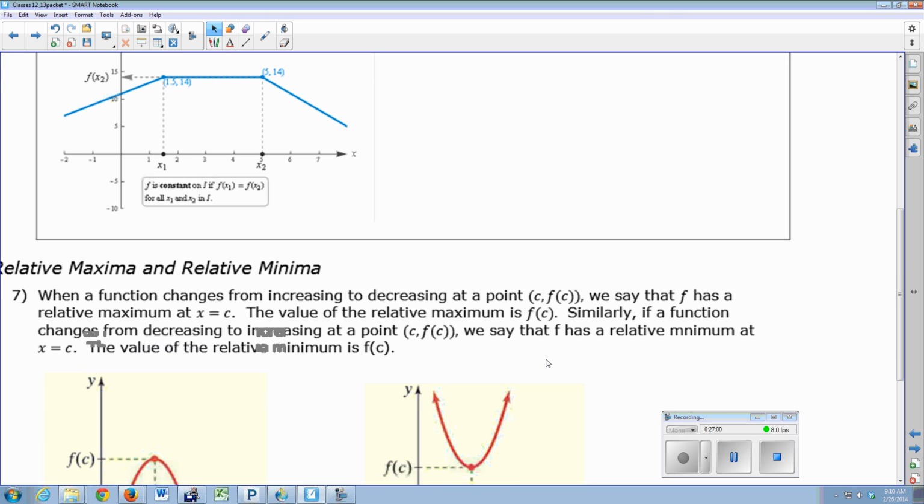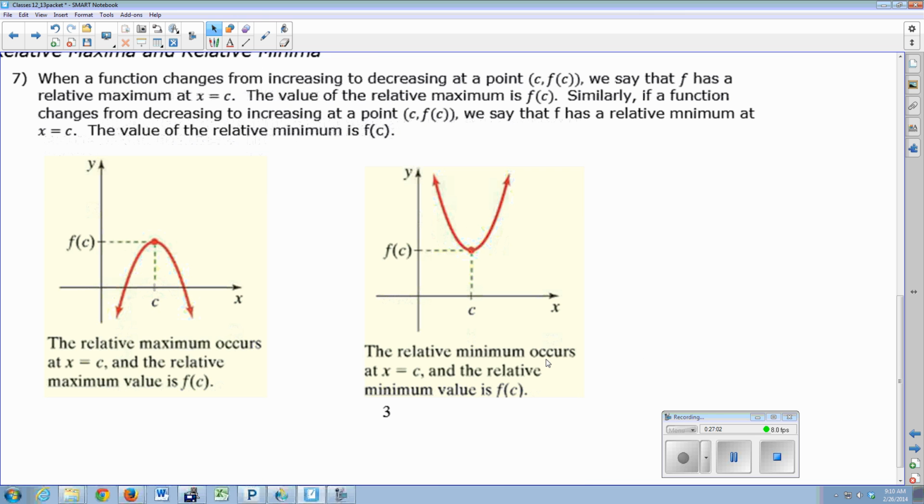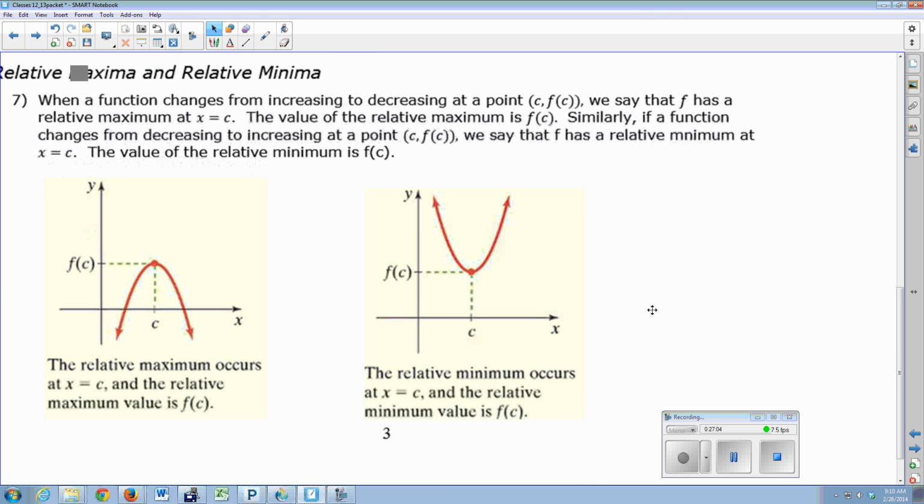All right, so now we hit this relative maxima and relative minima idea, and we just played a little bit with it. All of this is being described to you generically in terms of function notation. So let's make sure we understand what each sentence means. When a function changes from increasing to decreasing, let's take a look at this very first picture.